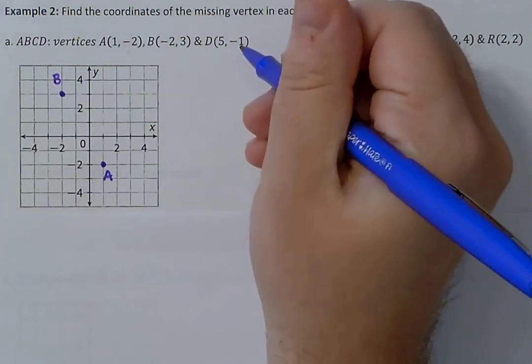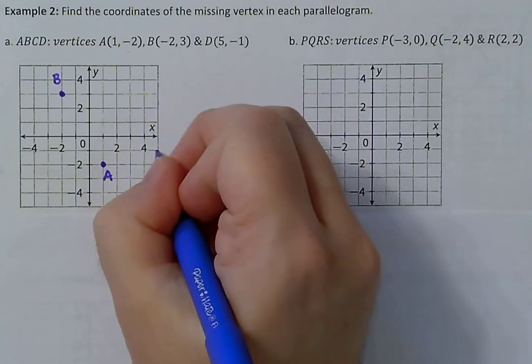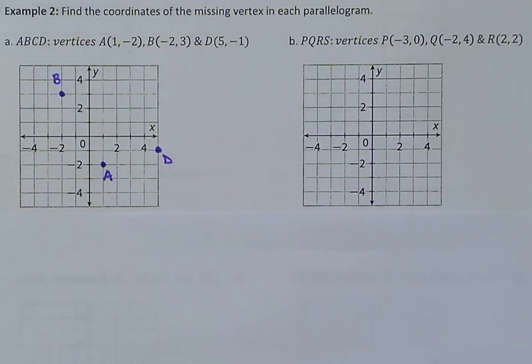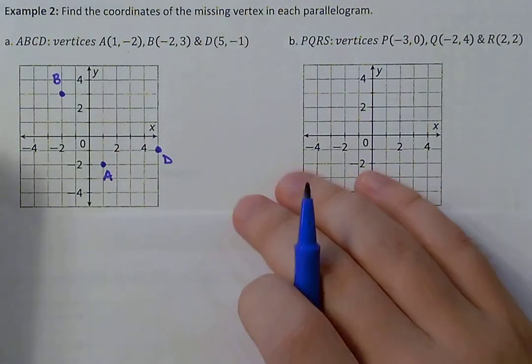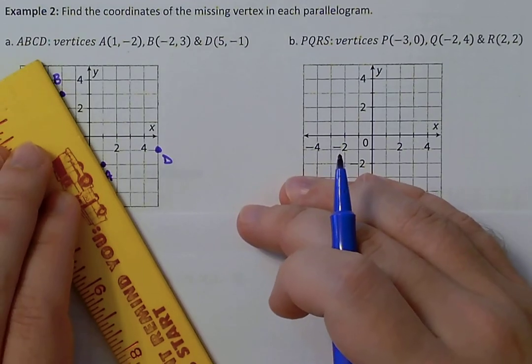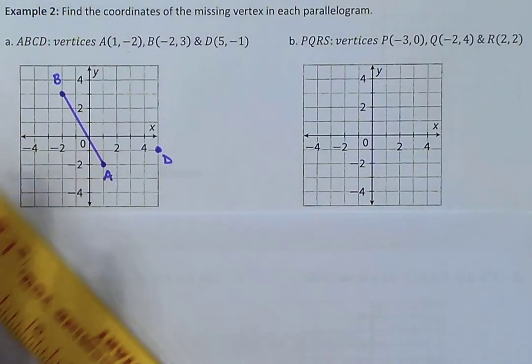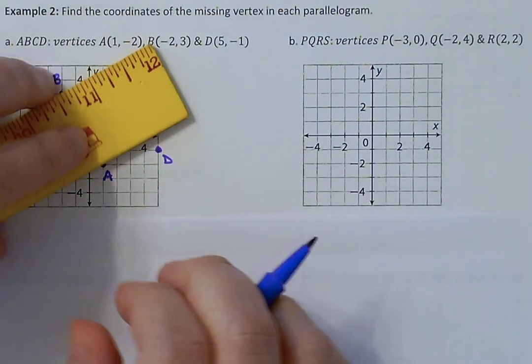And then D is going to be at 5, negative 1. So our points are going to look like this. And then to set it up like how the homework is going to look, they will also have the lines drawn for 2 of these spots to help guide you.